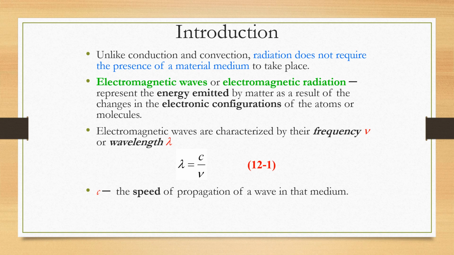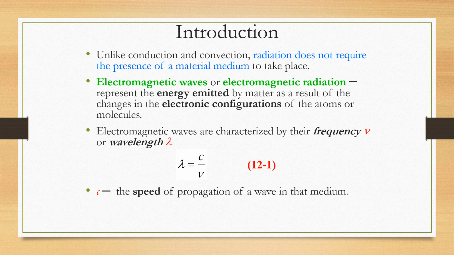And then, what is actually radiation? How does the material radiate its energy? The theoretical foundation was postulated by James Clerk Maxwell, where radiation is actually electromagnetic waves or electromagnetic radiation. It represents the energy emitted by matter as a result of changes in the electronic configurations of the atoms or molecules.